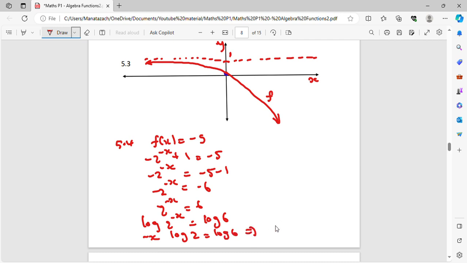Basically, x is equal to minus log 6 over log 2. So this is approximately minus 2.58.